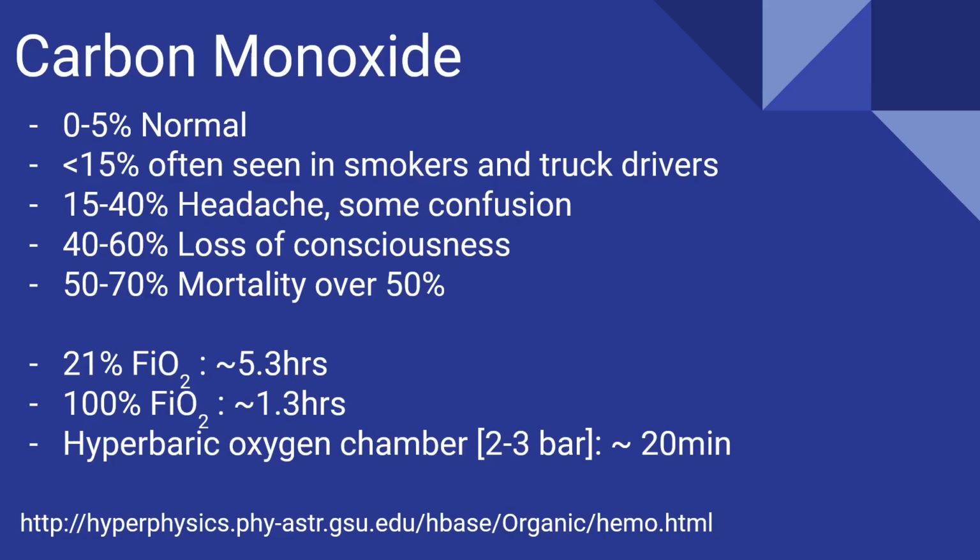And as you get more of this carbon monoxide bound to heme, you can see why the symptoms are what they are. As it starts to bind between 15 and 40%, you're going to get some confusion and headaches, and that's because of a lack of oxygenation to the brain. As you get up to 40 to 60%, you start to see loss of consciousness. And then anything above that has an extremely high mortality rate.